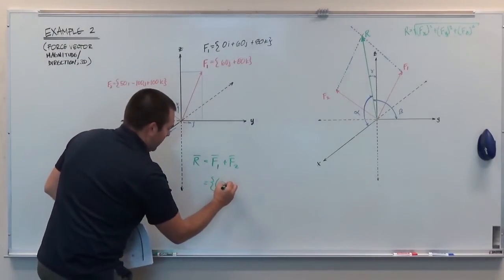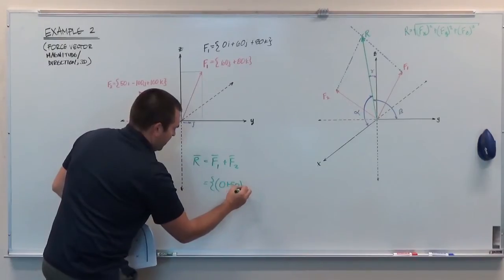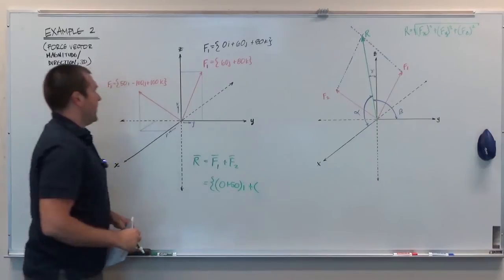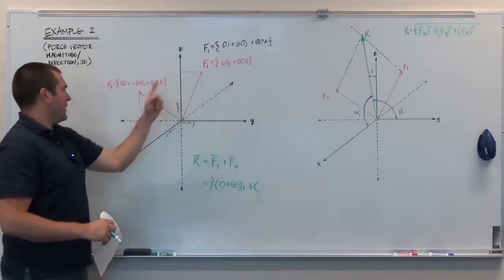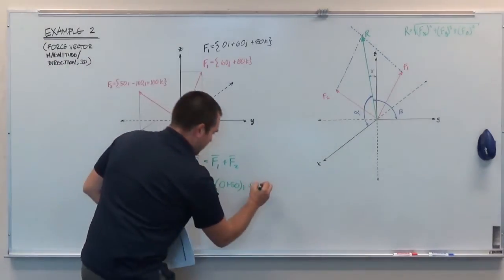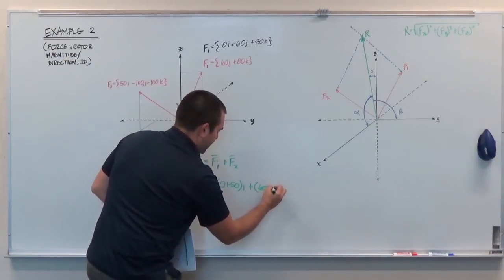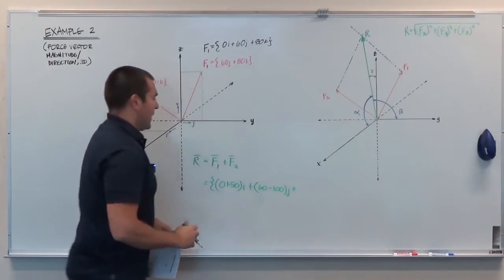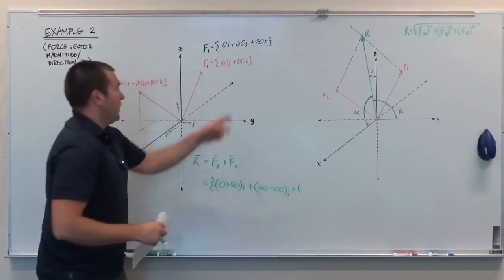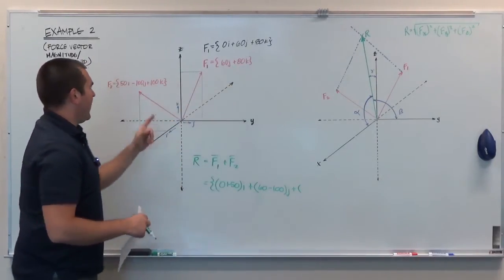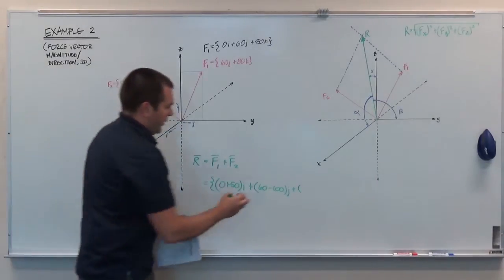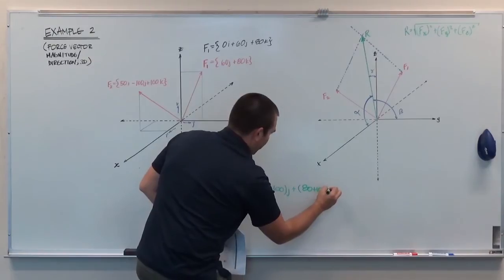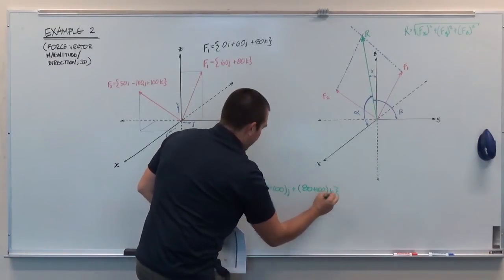So that's going to be 0 plus positive 50 times i. And then plus the addition of the j term, so positive 60 and negative 100. Positive 60 plus negative 100, that's in the j direction, plus 80 is the coefficient of the k, and positive 100 over here. So 80 plus 100, that's in the k direction.